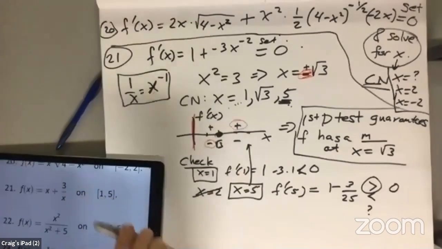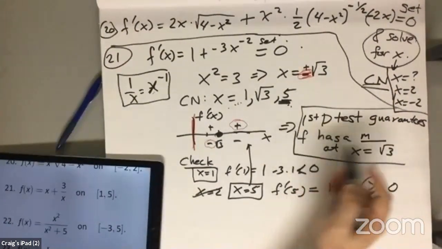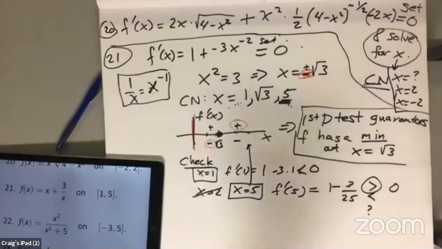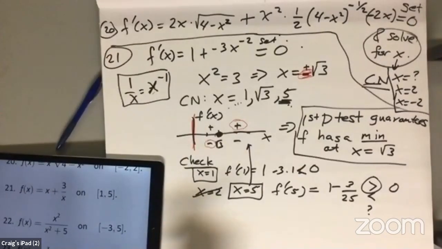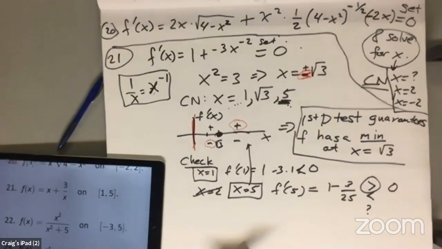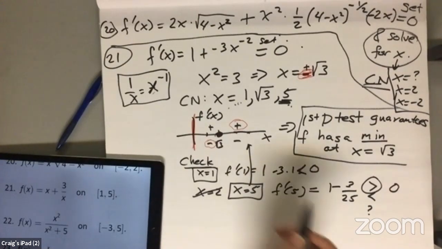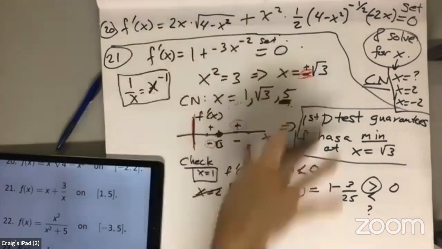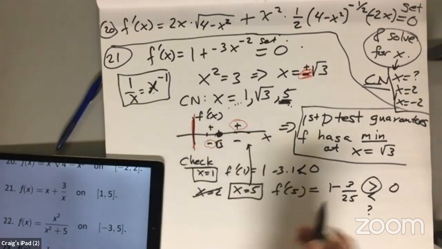So it's negative, then it's 0, then it's positive. So the first derivative test says that f has a minimum at x equals square root of 3 because it has that shape for its graph. So that's what we're looking at, and that's what we've solved here with our analysis. This is the analysis of it, where we just did all this by hand. Again, the computer would usually do a different approach to figure that out.